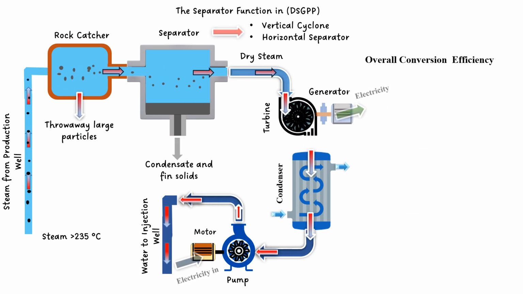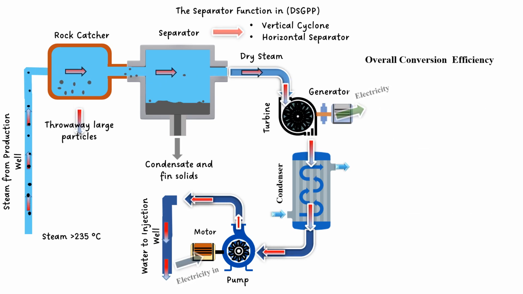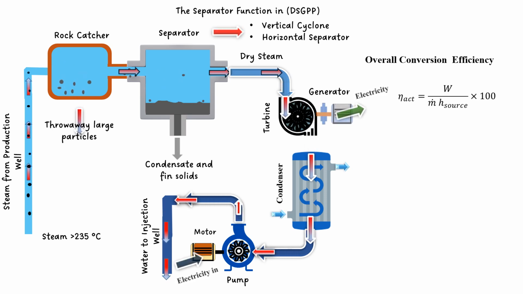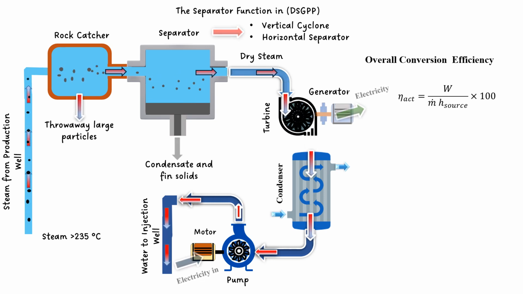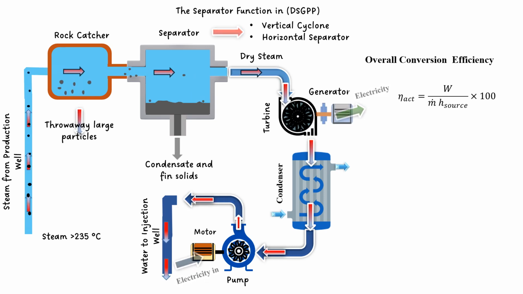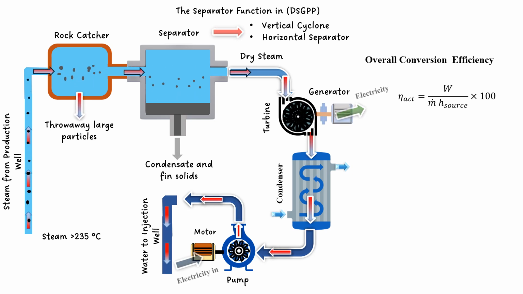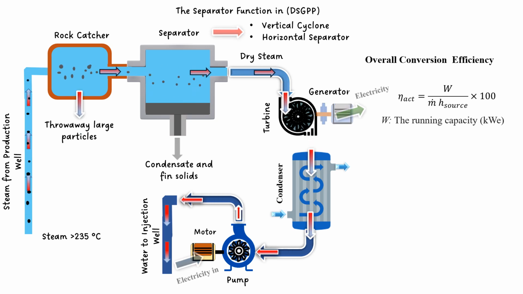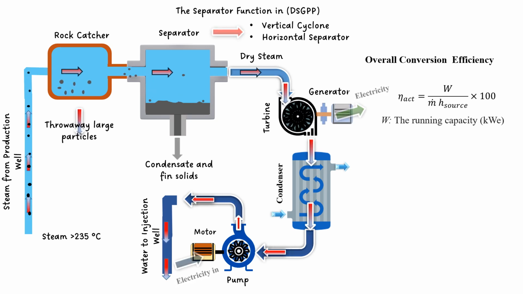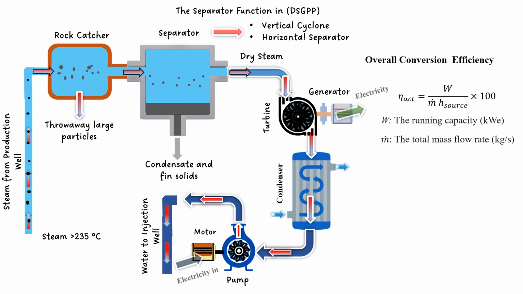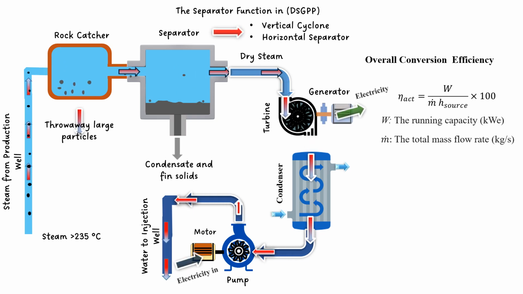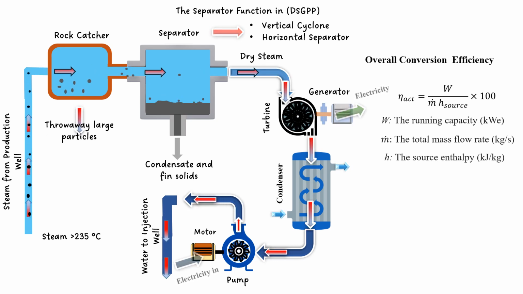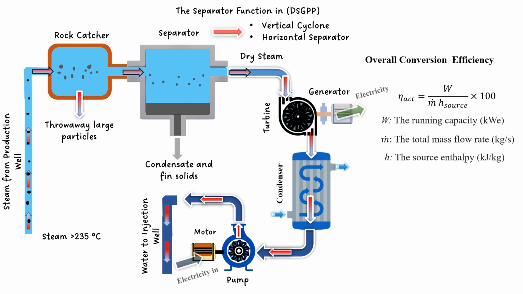And we can talk about overall conversion efficiency, which is equal to W divided by m dot times the enthalpy of the source, times 100. Here we have W, the running capacity, which is in kilowatt electric. m dot is the mass flow rate of steam that is extracted from the earth. And H represents the enthalpy of the source.